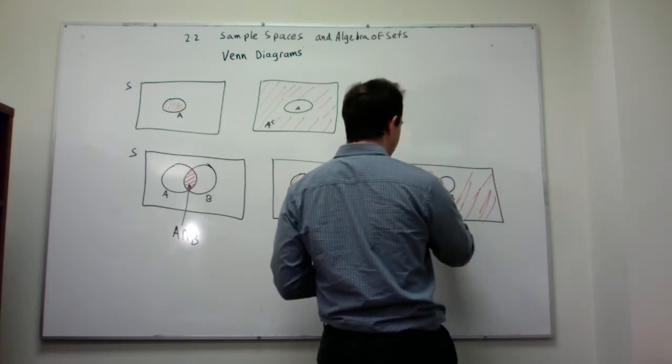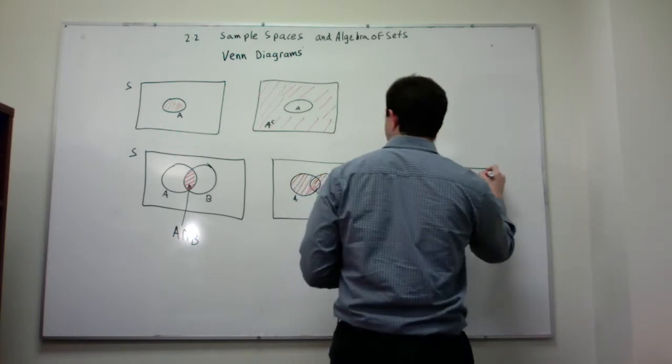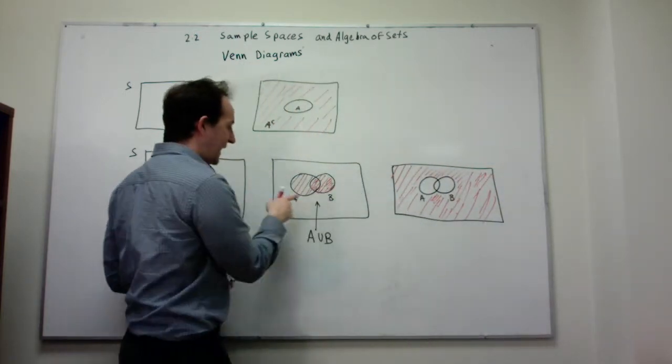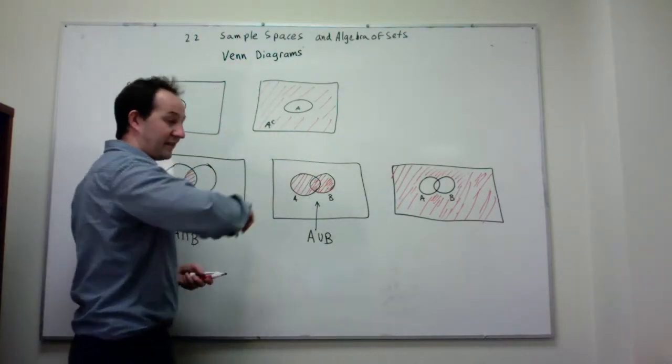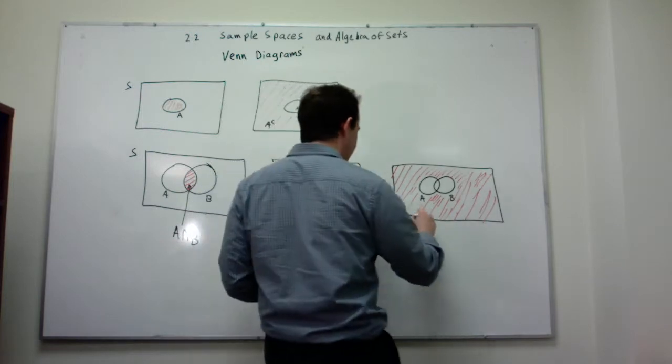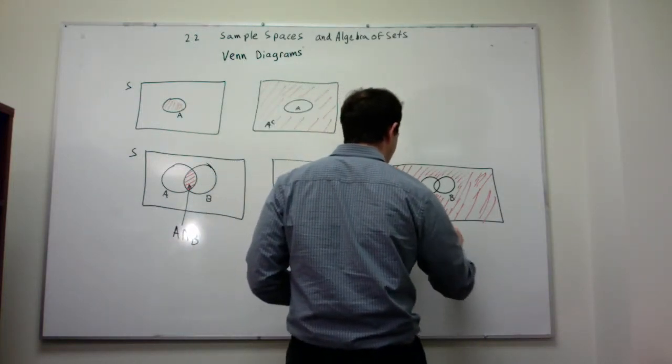If I shade everything here, I hope you can see that what I'm shading in this picture is exactly the parts that I did not shade in here. So that is the complement. So this region here is A union B complement.